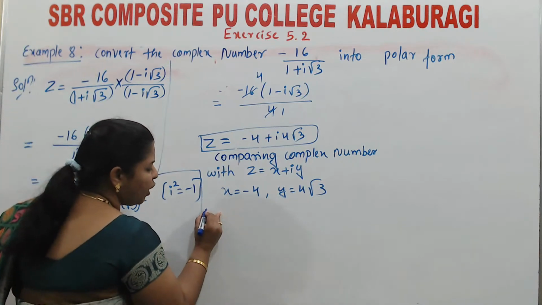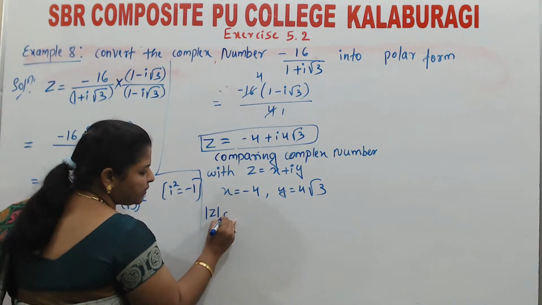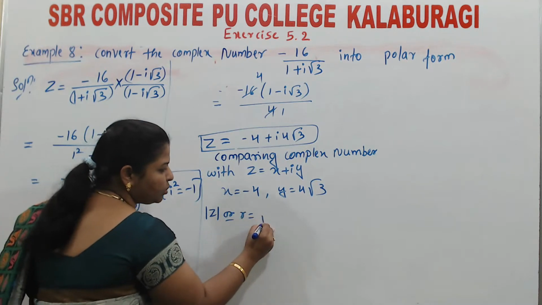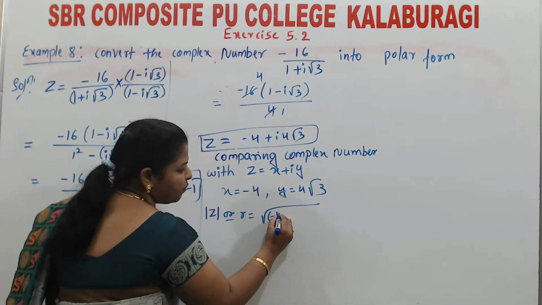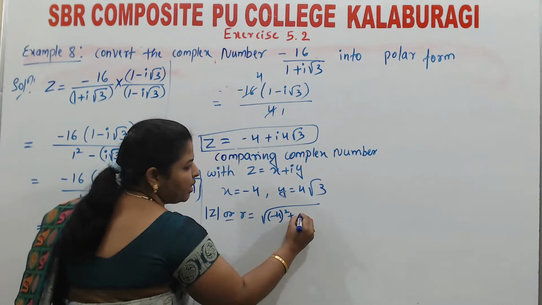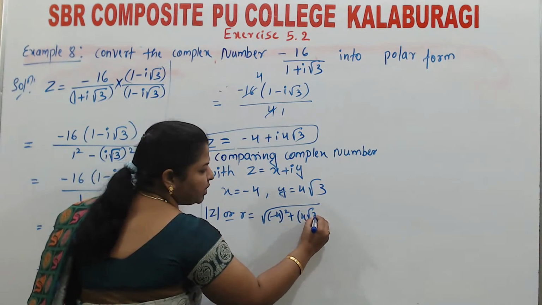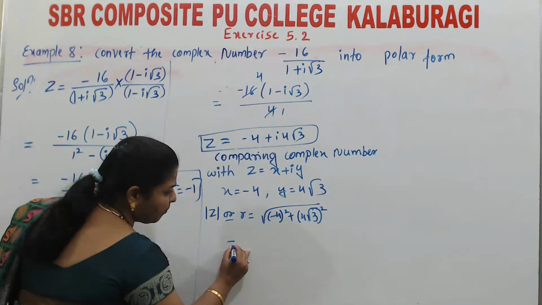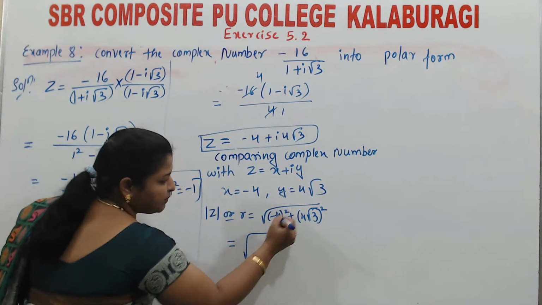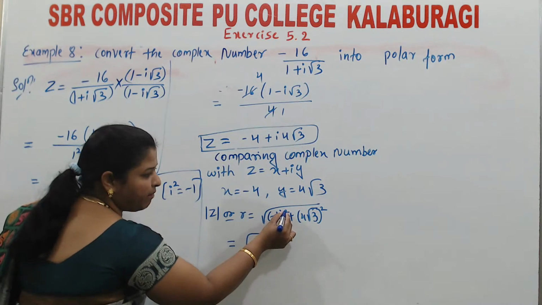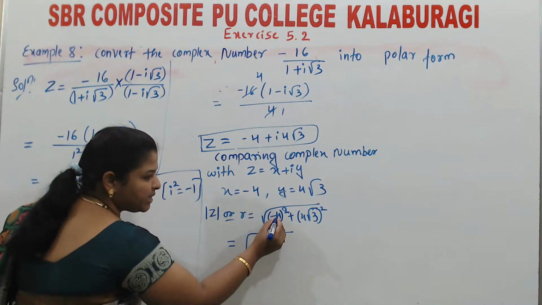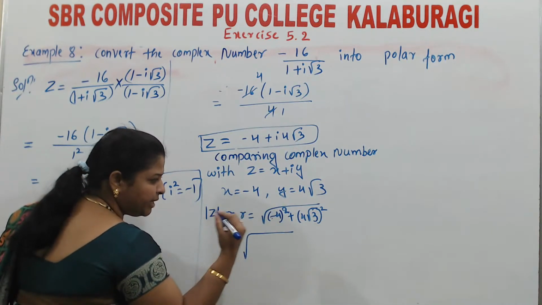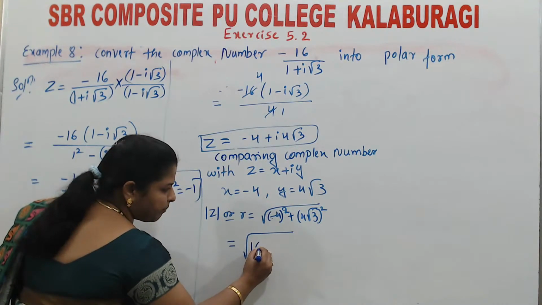Then here we have to find the modulus. The modulus of z, or r, is equal to the square root of (minus 4) whole square plus (4 root 3) whole square. Minus 4 whole square: minus becomes plus, and 4 square is 16.